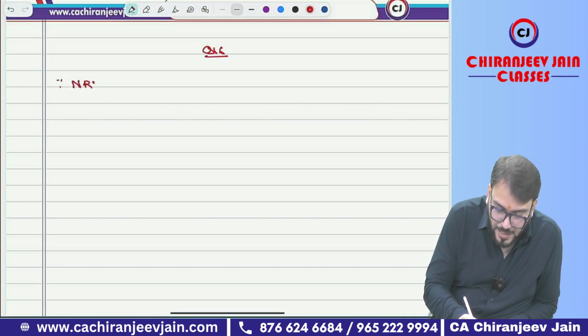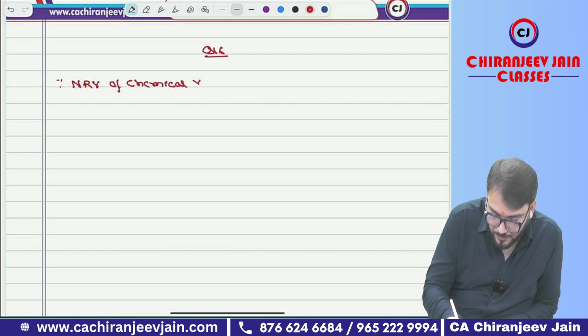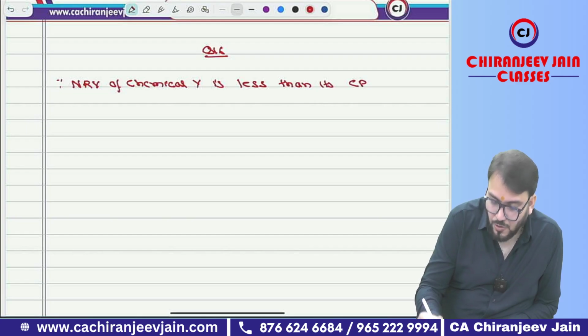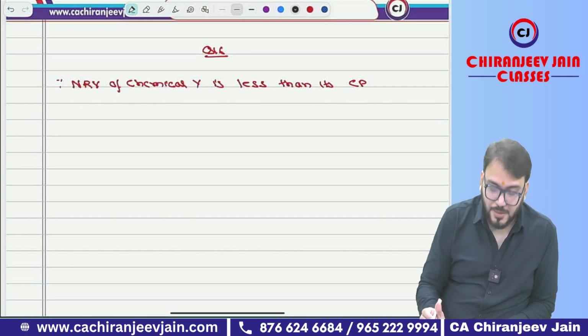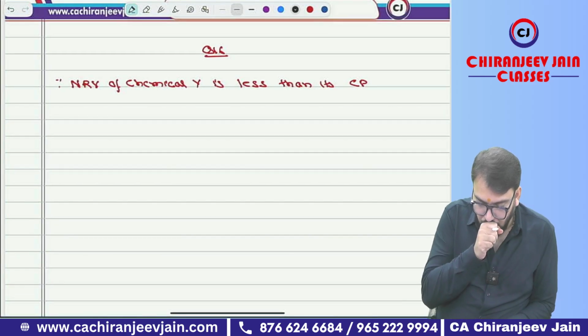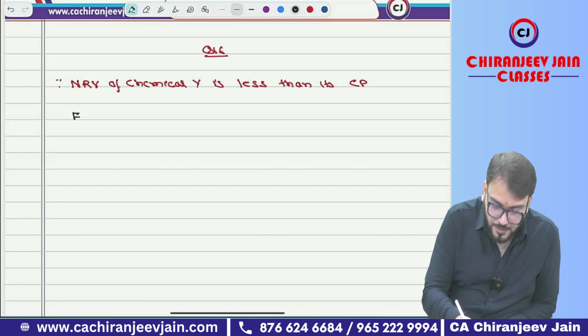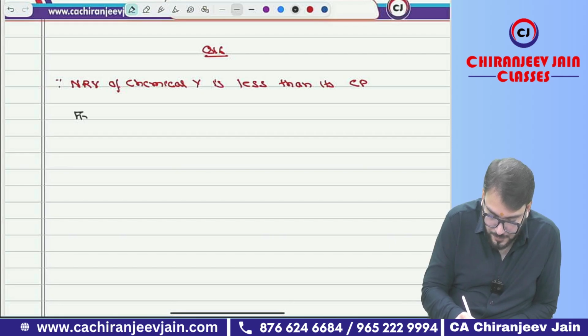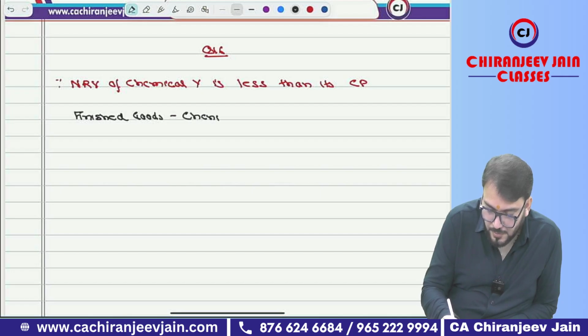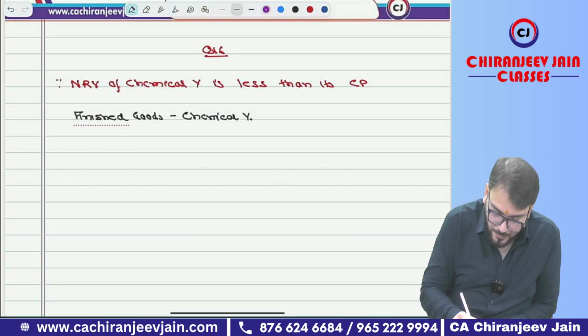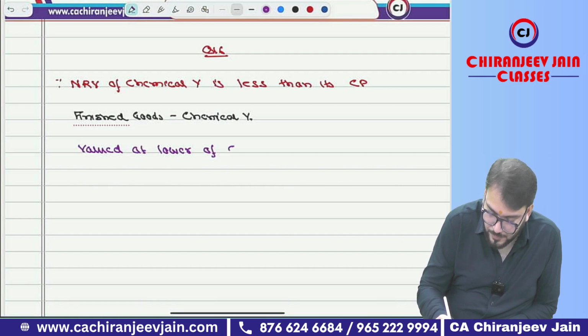Since NRV of chemical Y is less than its cost price, therefore chemical Y, finished goods, will be valued at the lower of cost price and NRV.